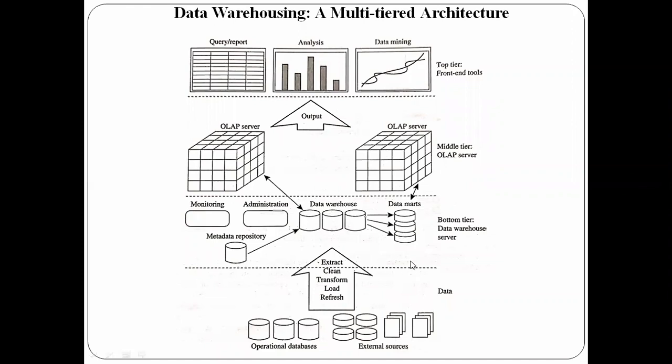All these operations are performed by the backend tools and utilities. In order to load the data into the bottom tier, that is the data warehouse server, we need to use these tools and utilities, which perform extraction, cleaning, transformation, load, and refresh.